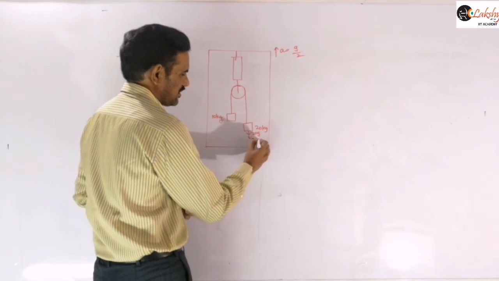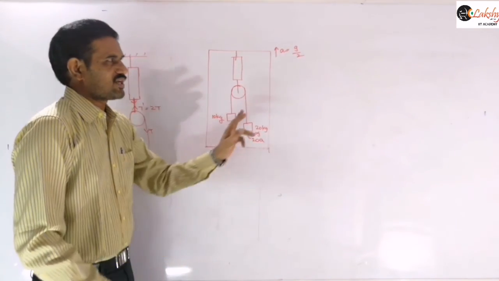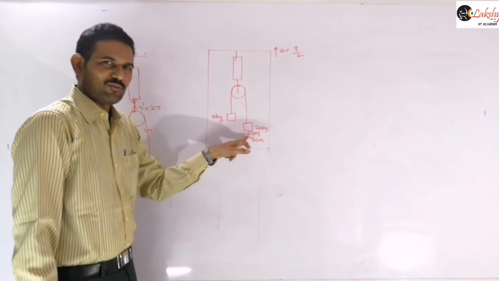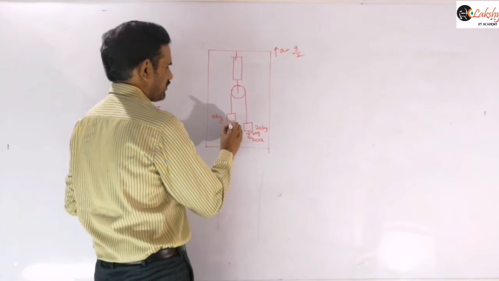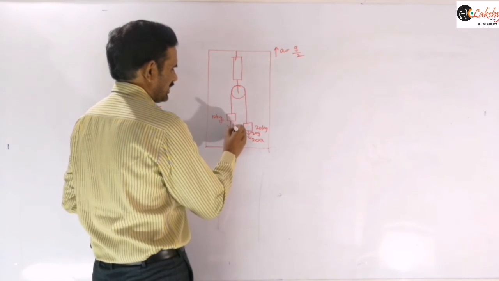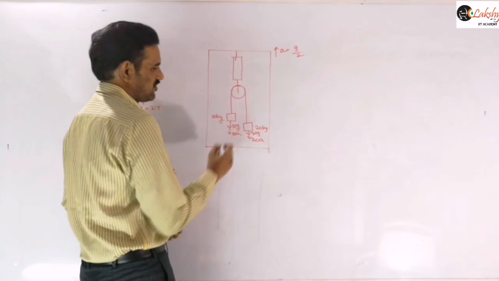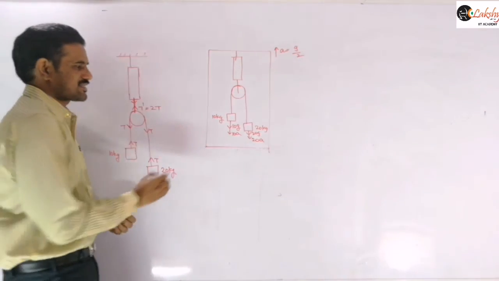In addition to that, you need to take 20a, the pseudo force, which you should take opposite to the direction of acceleration. Similarly here 10g will be there, the weight of this block, and in addition 10a will be there, right?